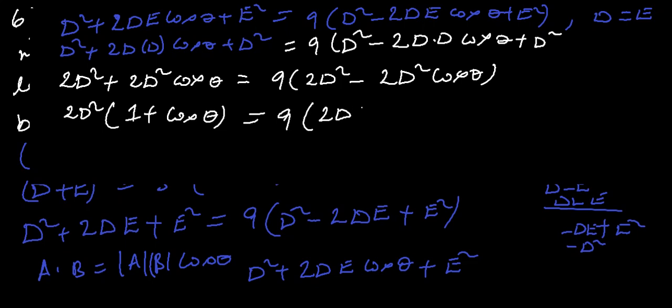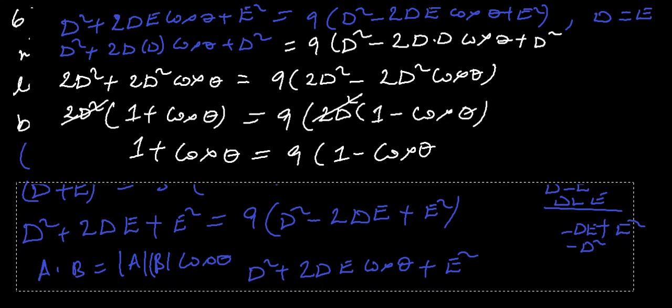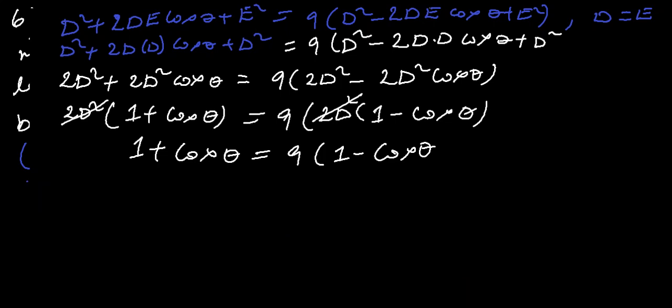This cancels with this, and what remains is 1 plus cosine theta is equal to 9 into 1 minus cosine theta. Then 1 plus cosine theta is equal to 9 minus 9 cosine theta.